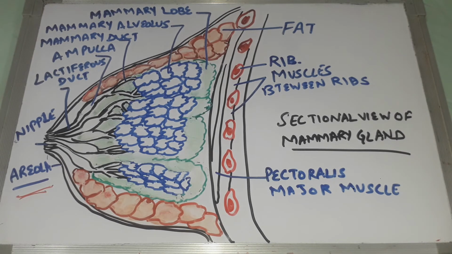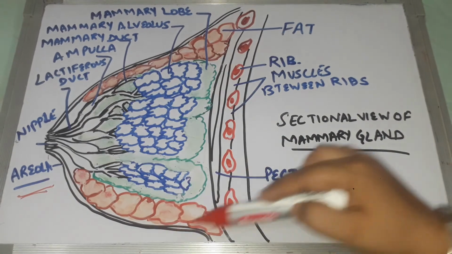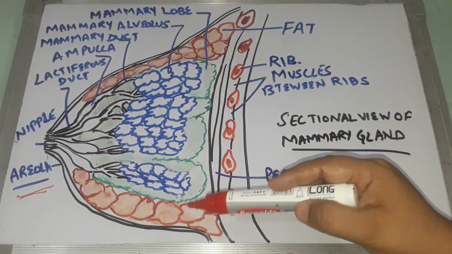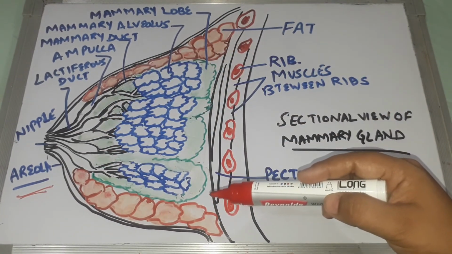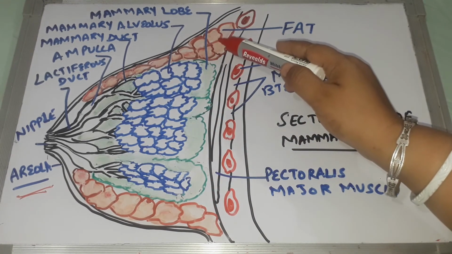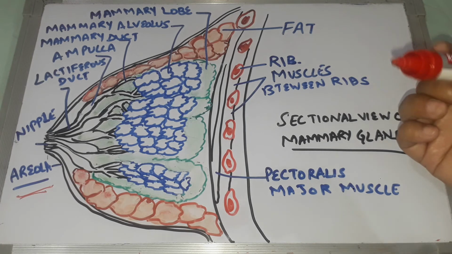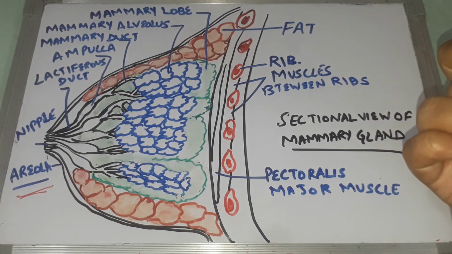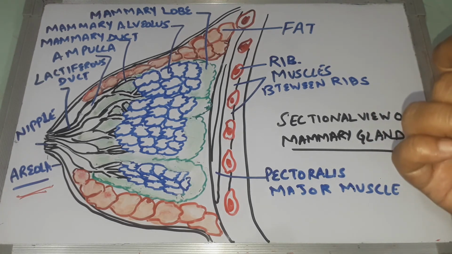And if we talk about the internal structure, the internal structure of the breast consists of glandular tissue. This whole is the glandular tissue, and this tissue also has fat deposits, which is the fatty or adipose tissue. And learn this, that mammary glands are modified sweat glands.